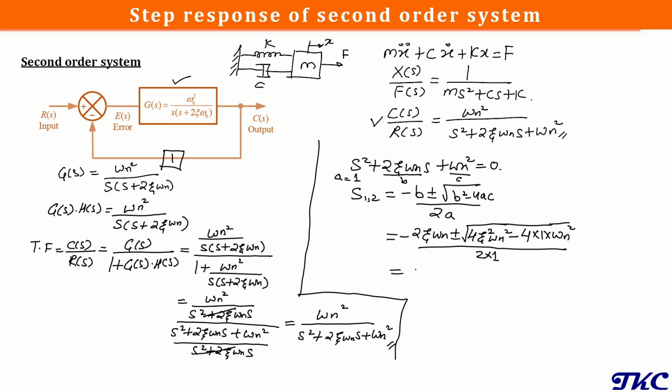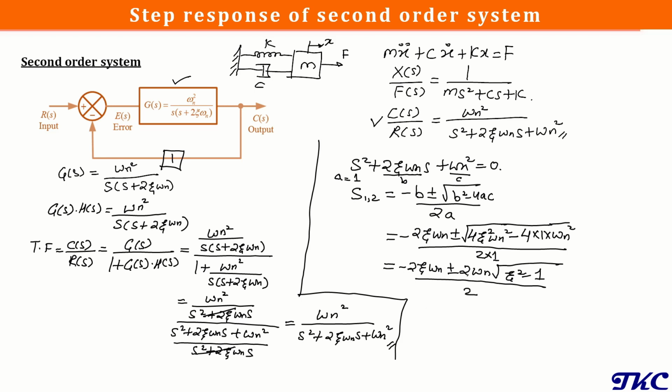So what we can do, we can write it as minus 2 zeta omega n. Now plus minus, we can take 4 and the common term outside this root, so 4 will become 2 and omega n square we are having, so it can come out from both these terms, so we'll be having omega n, and in a root we will be having zeta square minus 1 divided by 2.